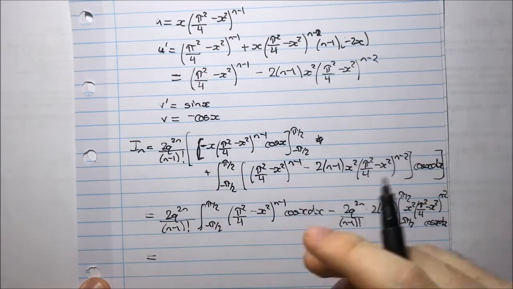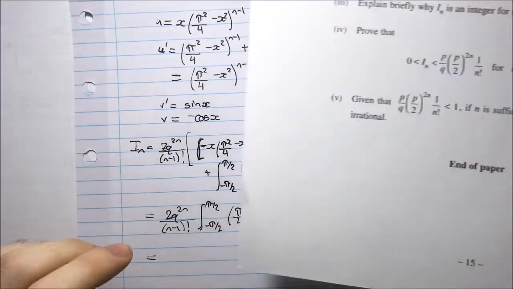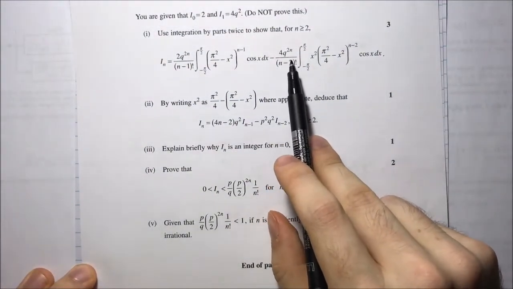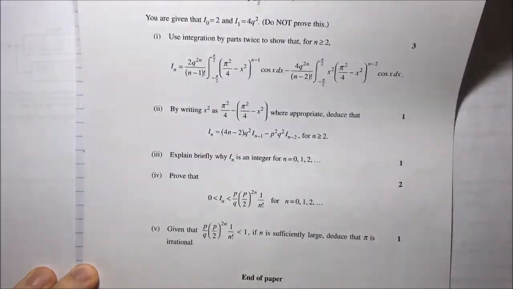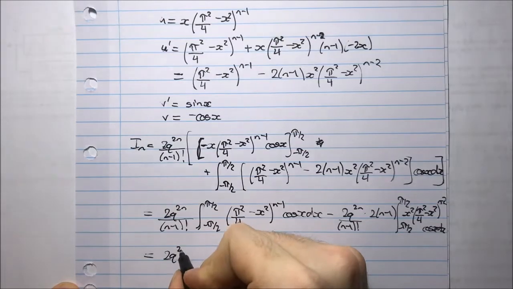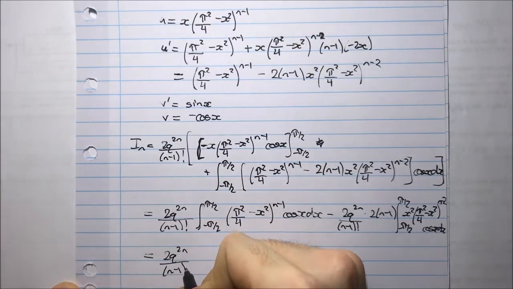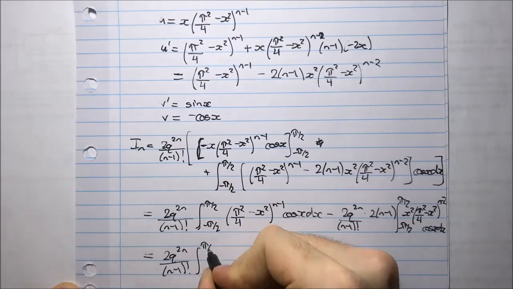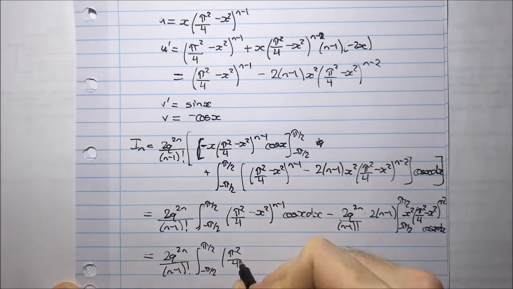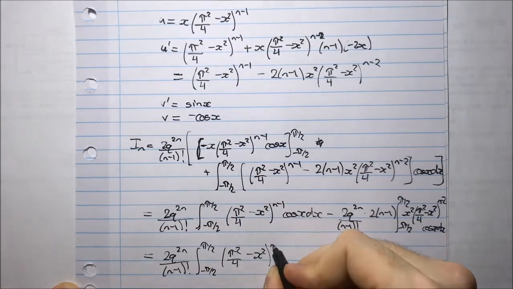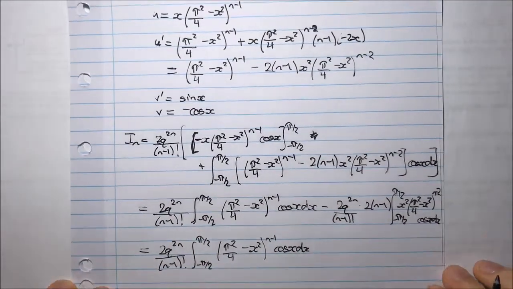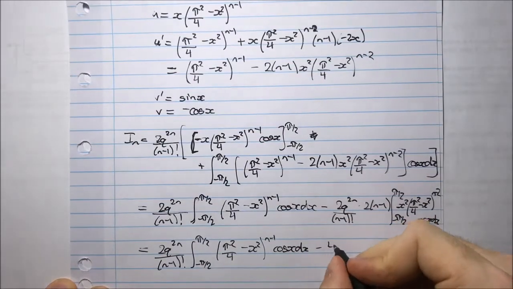Okay, so I'm almost there actually. Let's bring this back. So I just need to manipulate to see this, and I've pretty much got that part done. So the first part of the expression is fine. We're at where we want to be. Integral from negative pi on 2 to pi on 2, (pi squared on 4 minus x squared) to the n minus 1 cos x dx. And now here, well, 2 times 2 is 4.